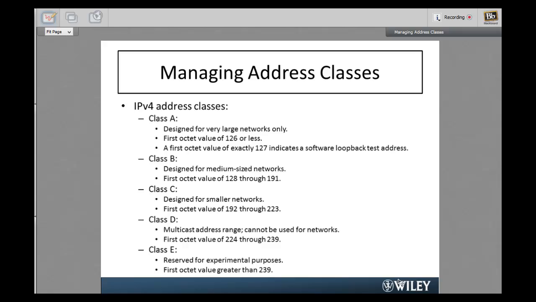Actually, by octet we mean that the address is like this: four numbers separated by dots. It's called dot decimal notation. So when we say the first octet, we mean the first number. Octet is called so because it's a byte.